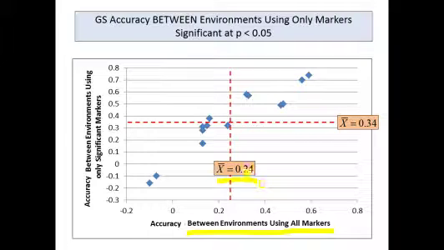Okay, not too good. And now when we use only significant markers, our accuracy between environments is now 0.34. Still not that great, but it's better than it was. So we have improved our accuracy of predictions between environments, which again is really one of the most important aspects of using genomic selection in plant breeding.